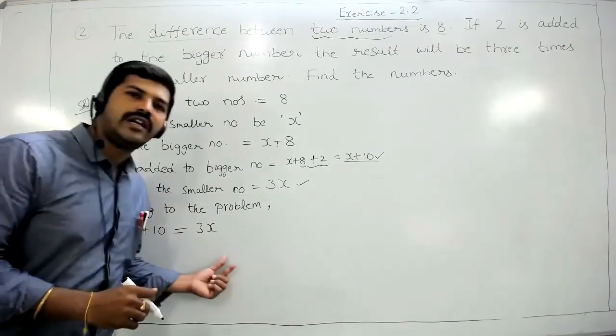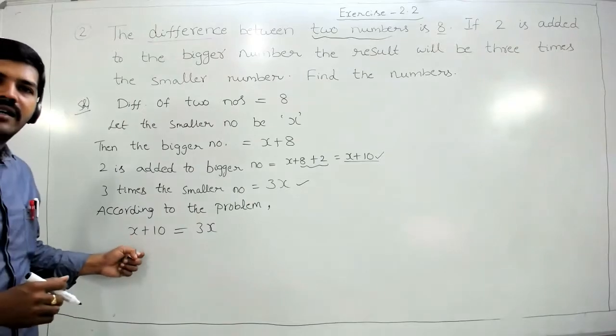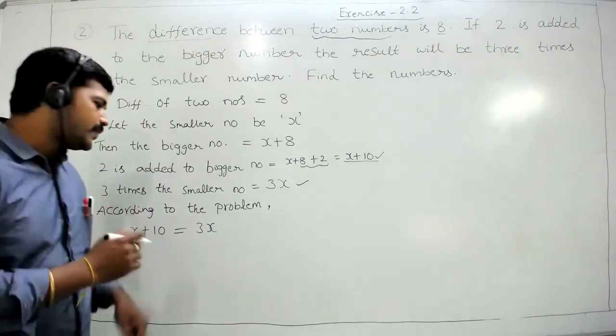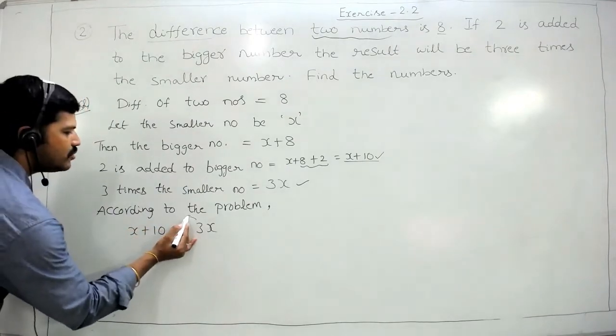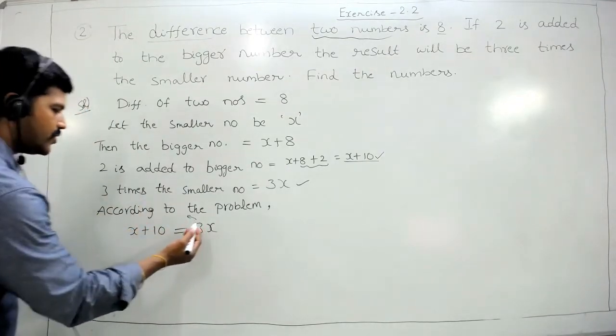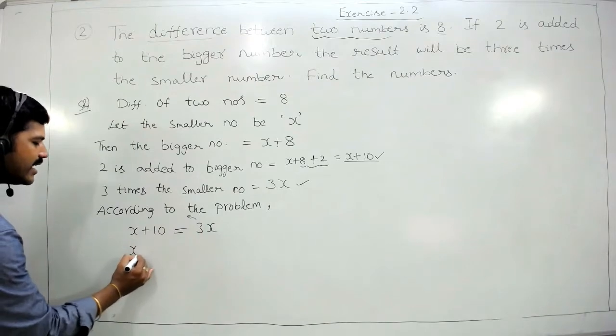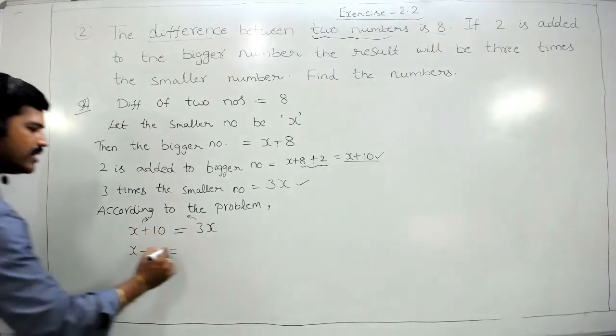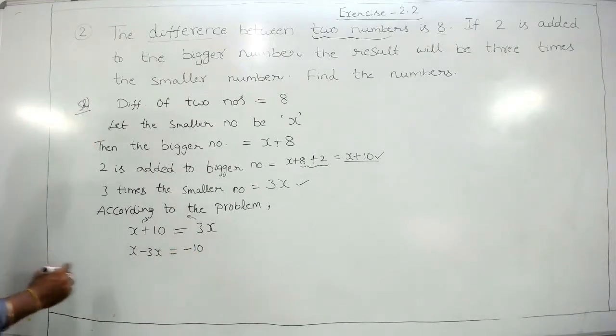So finally we have a simple equation. Now let us concentrate on solving. Plus 3x when it moves to the other side becomes minus 3x, so x minus 3x is equal to, plus 10 moves to the other side, so minus 10.